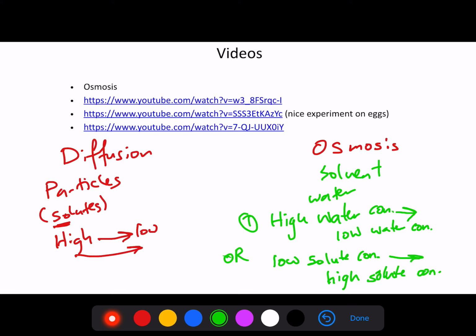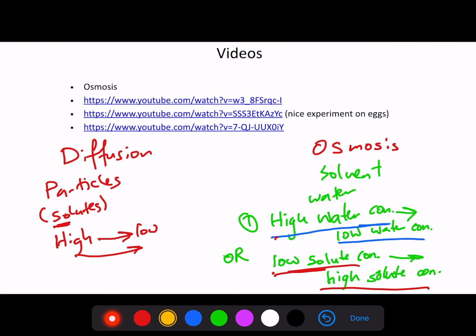So we need to be very careful when we describe osmosis in terms of how the water is moving. You have to mention what you are referring to when you use high or low. This is very critical, okay?